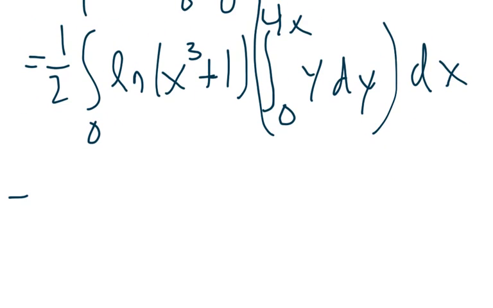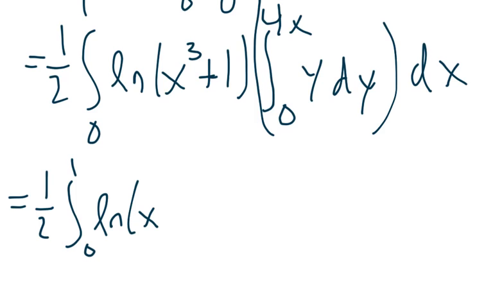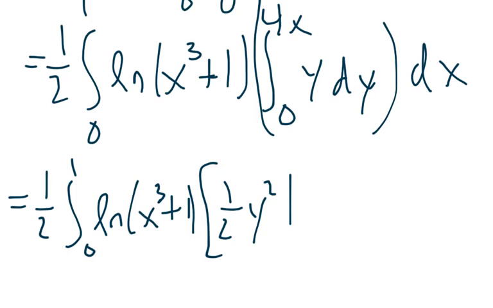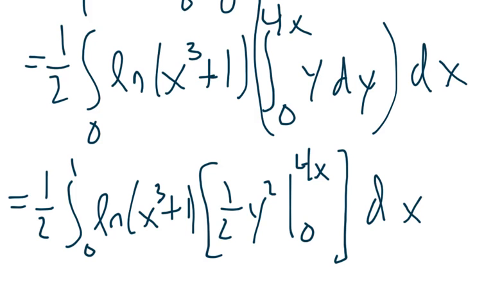So just do our first integral, 1/2, 0 to 1, ln(x³ + 1). Now this is going to be 1/2 y² from 0 to 4x. And then we'll integrate that with respect to x, dx.